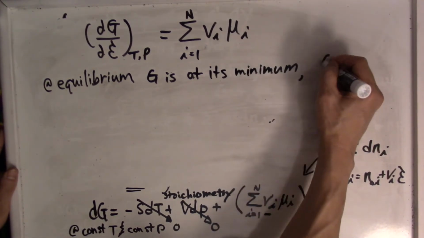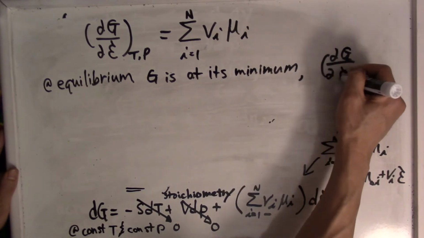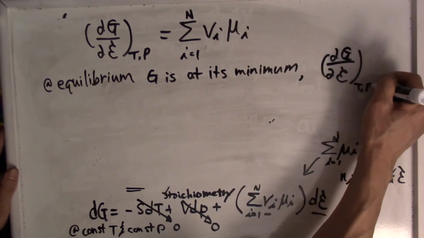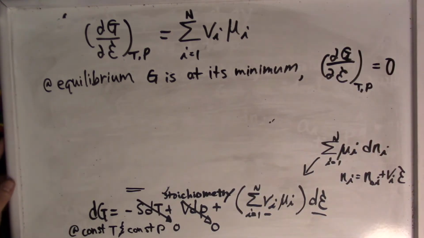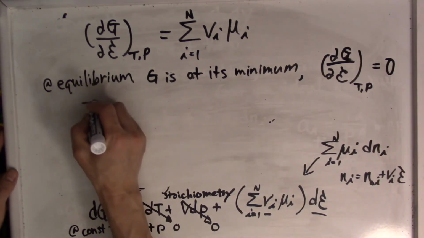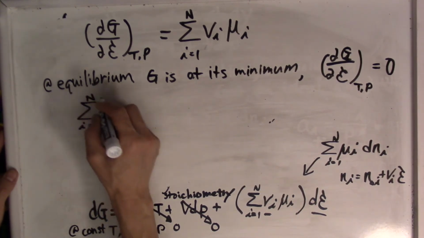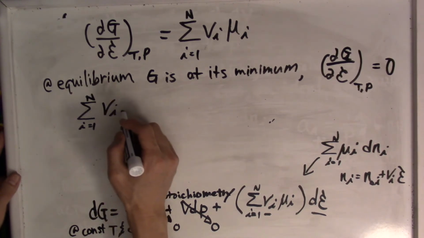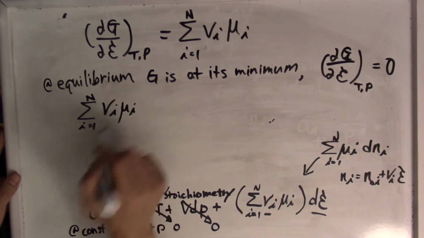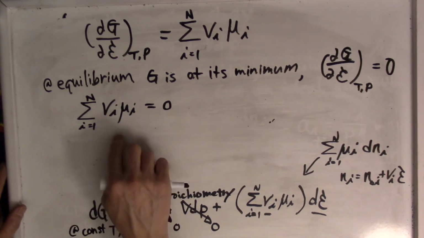So what it means is that dG over the extent of reaction, while T and P is held constant, at the minimum is equal to 0, right? So the sum of the species' stoichiometry times chemical potential of the species is equal to 0. So keep that in mind when you look at this, all right.